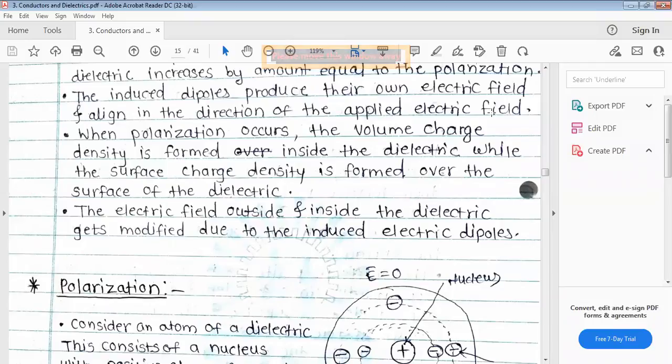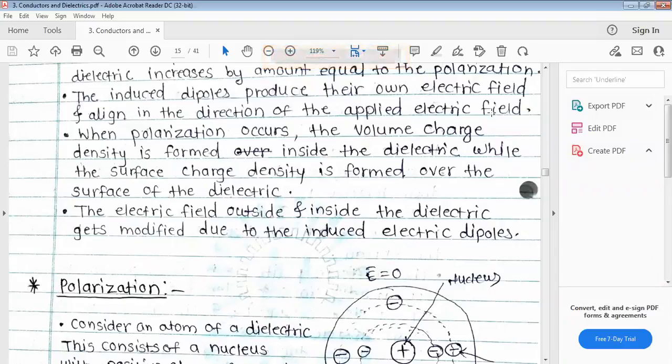Now the electric field outside and inside the dielectric gets modified due to the induced electric dipoles. So the field is developed inside that volume and outside that volume. I'm giving you the example of a sphere only.